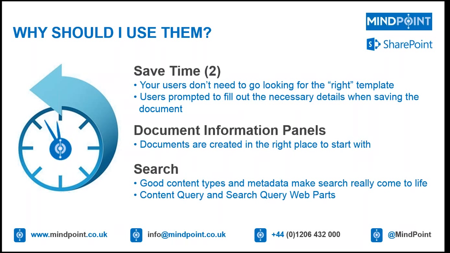And finally, again, we'll just mention search once more. We can actually search for specific content types within SharePoint. And actually, out of the box, SharePoint will, in the enterprise version, give us a content type filter, if you don't actually put the content type in as a search term.